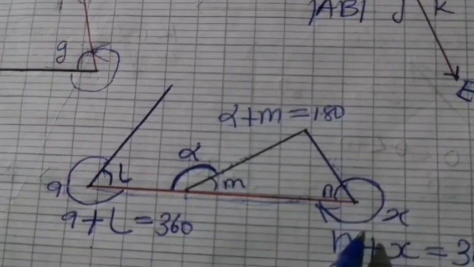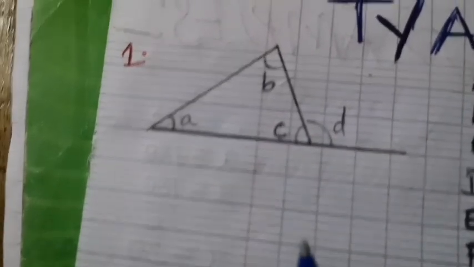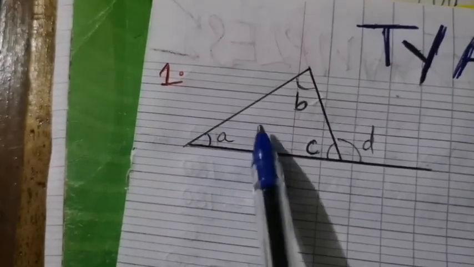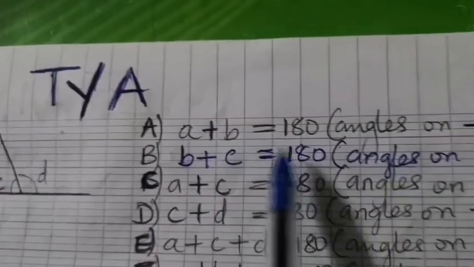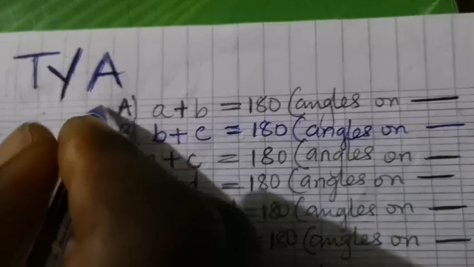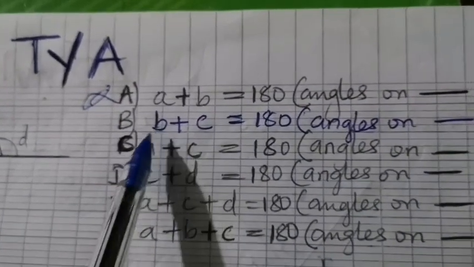So A and B is not like that. A and B are not angles on a straight line. So the first one is wrong. Now let's look at the other one.